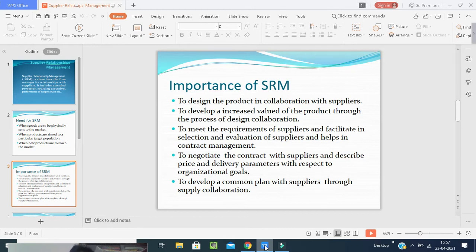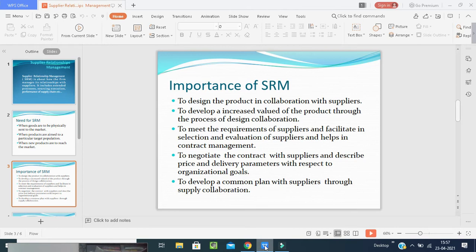There should be a contract between the suppliers and the company so that the relationship can be maintained well for the long term. Now, to negotiate the contract with suppliers and describe the price and delivery parameters with respect to organizational goals is very important.